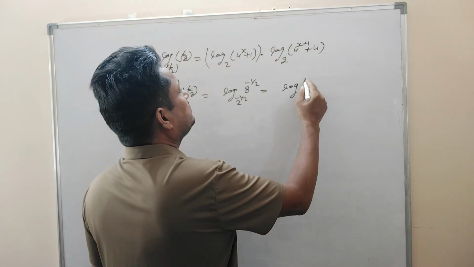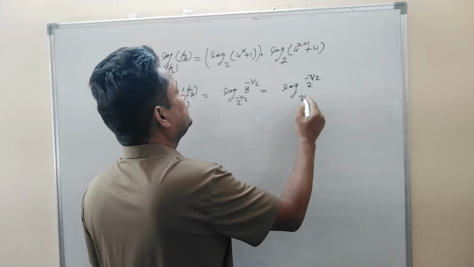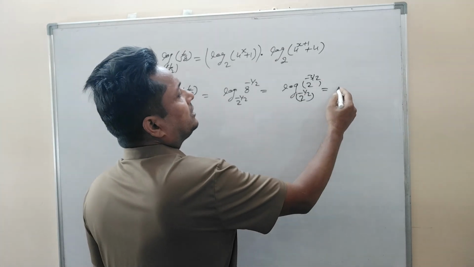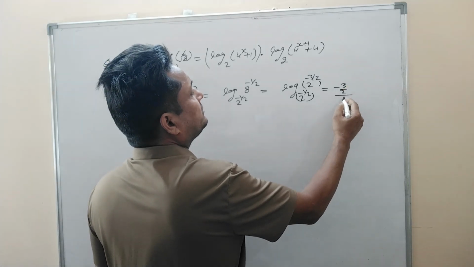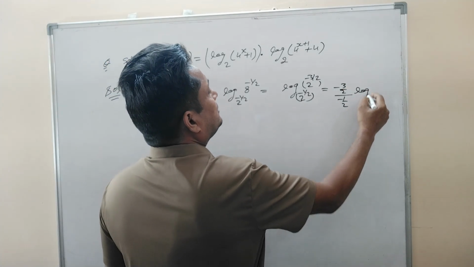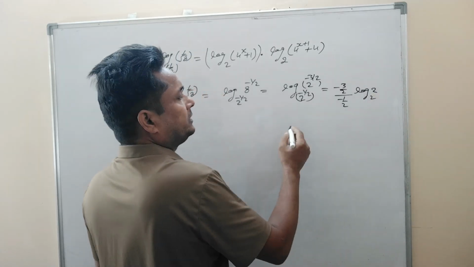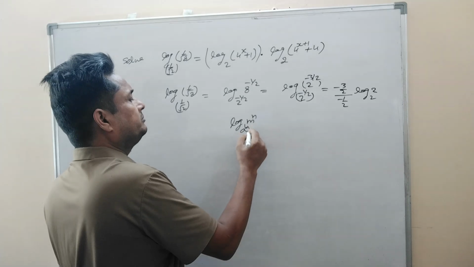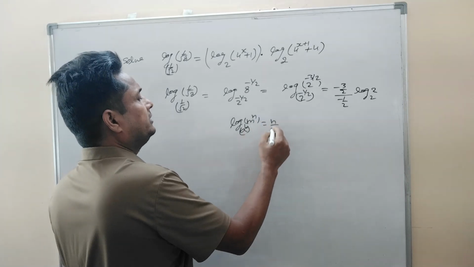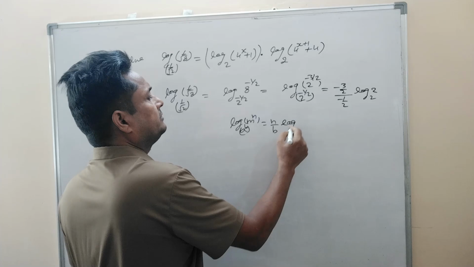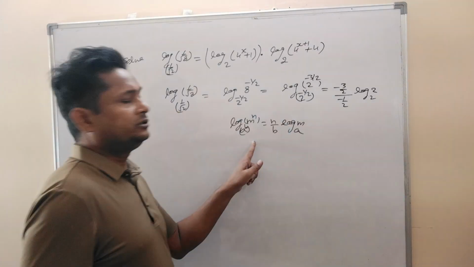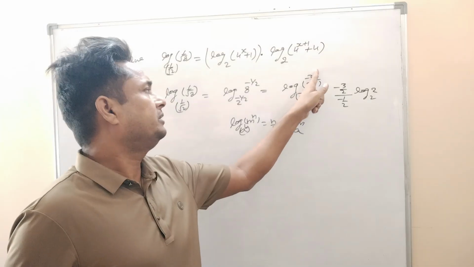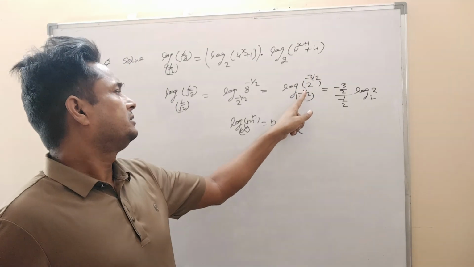So this will be 2 to the power minus 3 by 2, and this is 2 to the power minus 1 by 2. Now this will be equal to minus 3 by 2 divided by minus 1 by 2, log of 2 base 2. Using this property, log of m to the power n, a to the power b is equal to n by b log of m base a. By using this property, I have written the value of this one. What is n? Minus 3 by 2, and b is what?